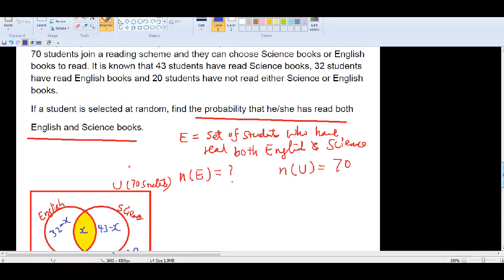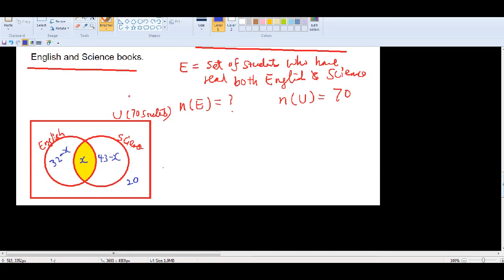Remember that when all these numbers add up, you need to have 70, right? So let's do it: 32 minus X plus X plus 43 minus X plus 20 equals 70, right? When you solve it, you will see that X is 25.